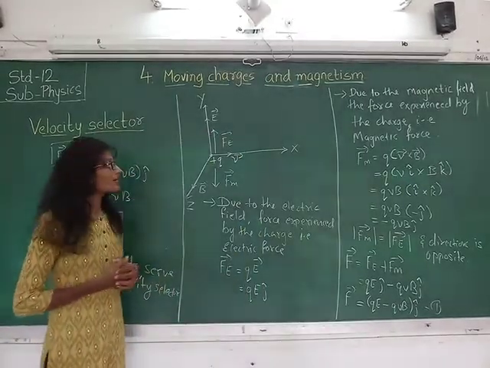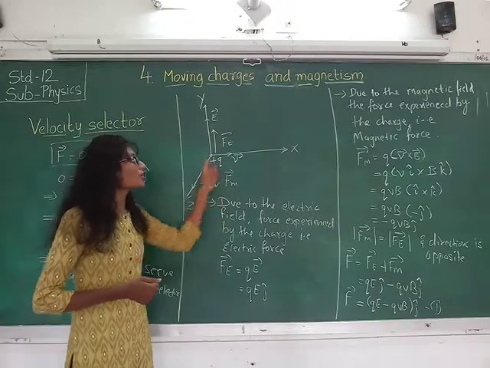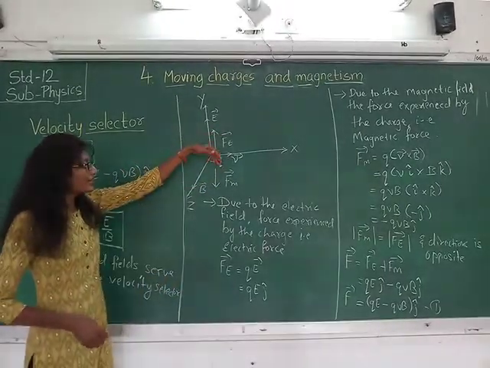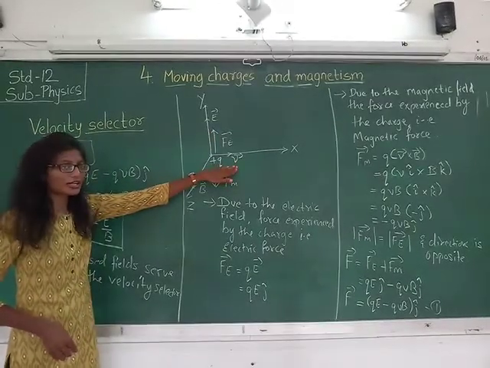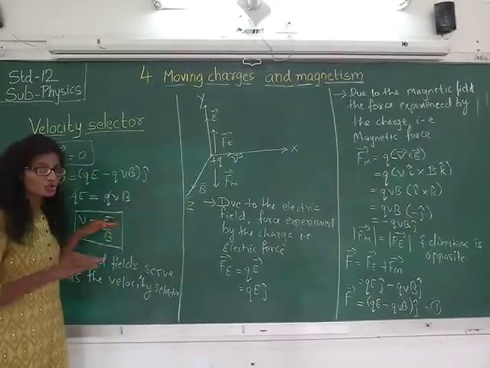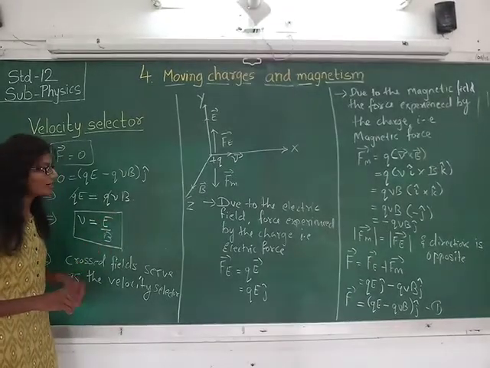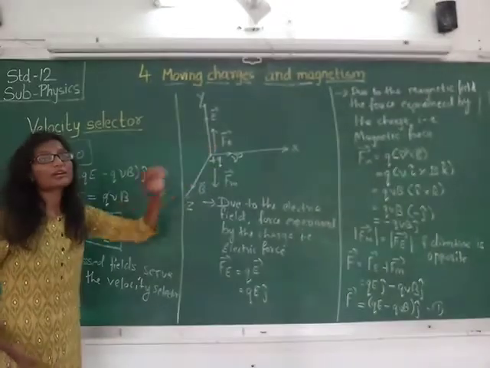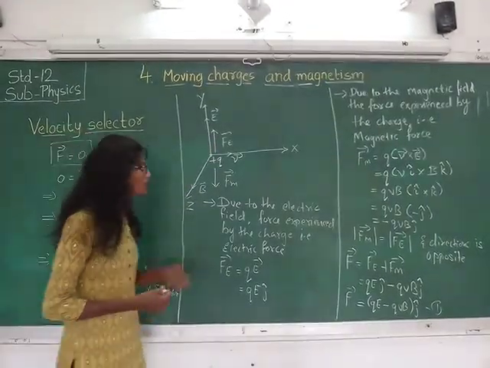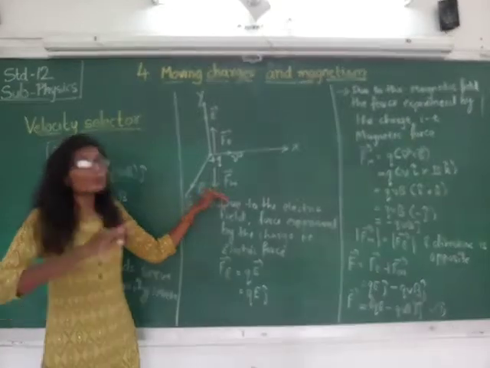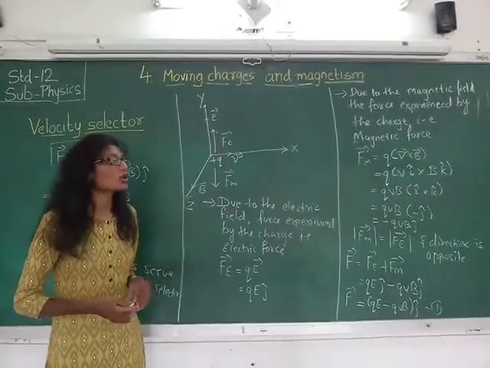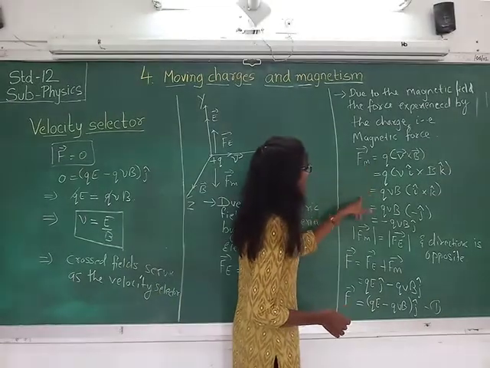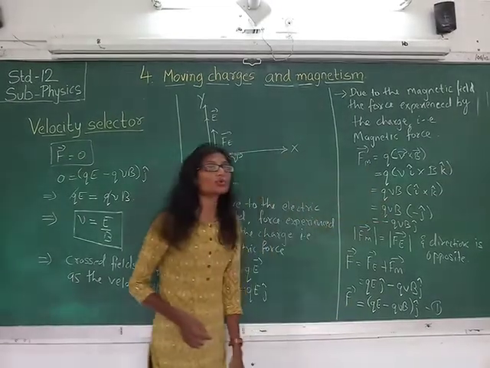Now next thing, what happens if we are not taking the magnitudes as equal. See, this is the particular velocity that we are choosing with the help of this ratio, right? Now what if the velocity is more than this particular velocity? Then there will be more magnetic force exerted on the charged particle. You can see over here the magnetic force which is equal to QVB.